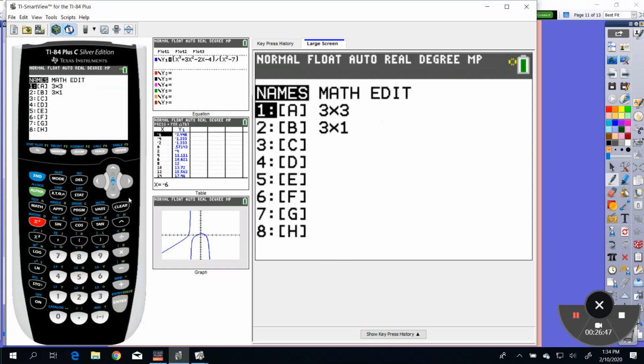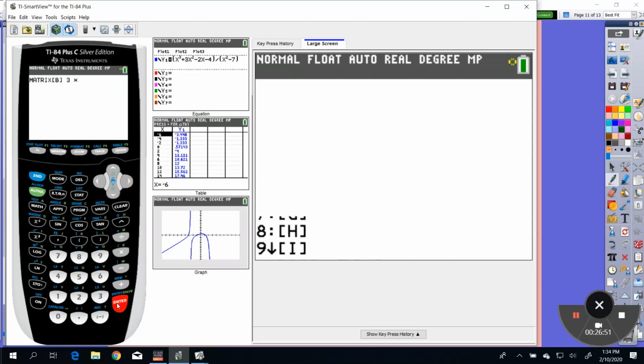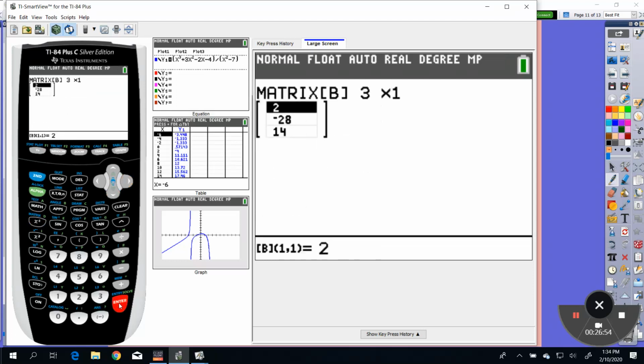So now I'm going to go back to my second matrix, edit. I'm going to edit matrix B. It's a 3 by 1, so we can keep that. The first one's negative 2, then 16, and then 4. So there's matrix A and matrix B entered. I go out.